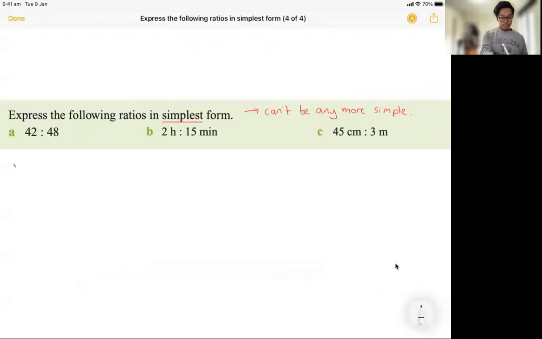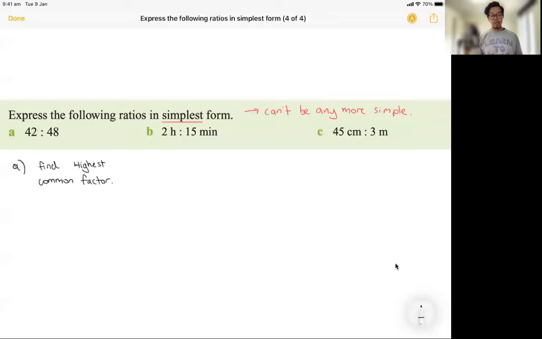For this one here, what I want to do is find what we call our highest common factor.